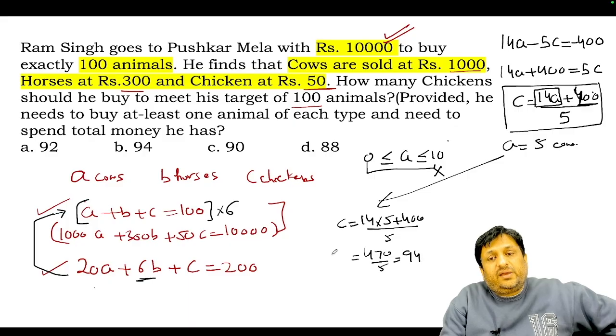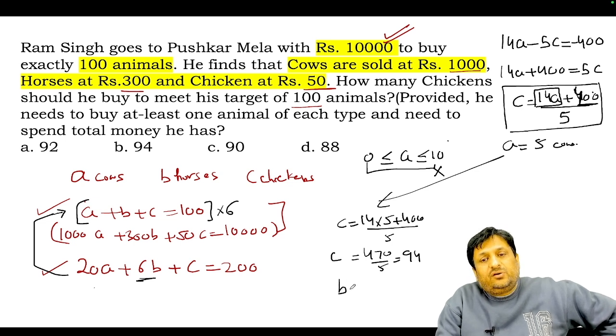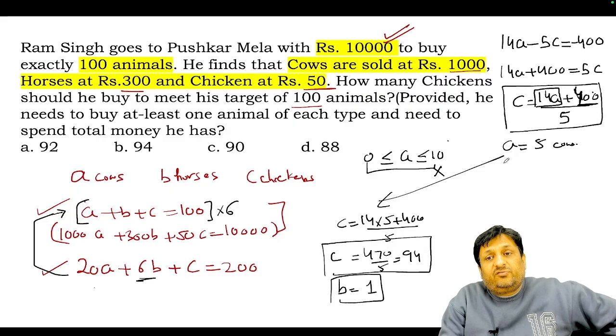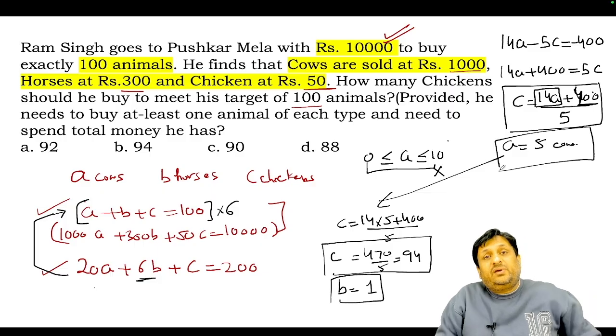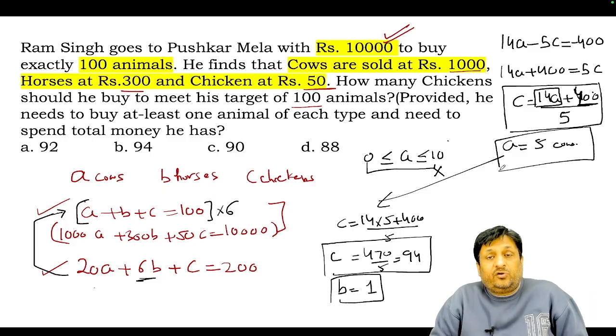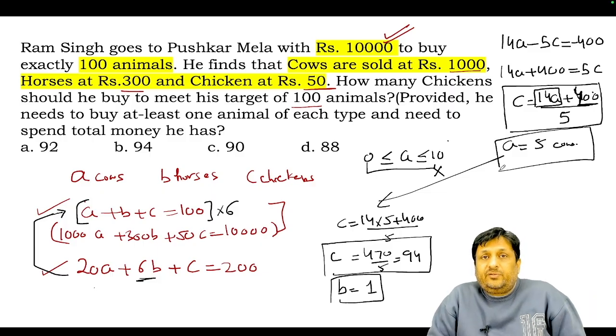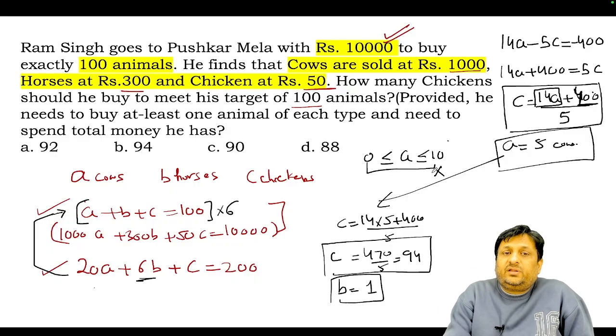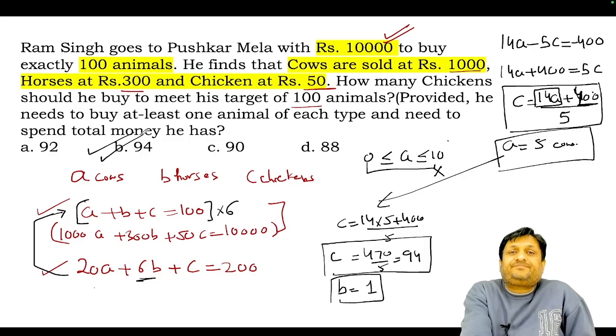So he must be buying 94 chickens and 5 cows. 5 plus 94 is 99, so he is buying only one horse. So one horse, 94 chickens and 5 cows make it possible for him to buy 100 animals for 10,000 rupees. So the answer to this question, how many chickens is he buying? 94. The answer is B for Bangalore.